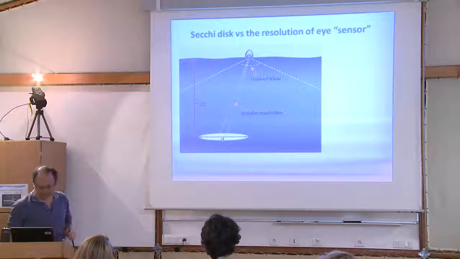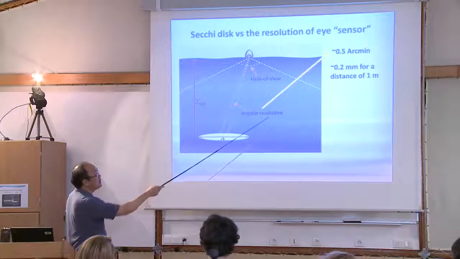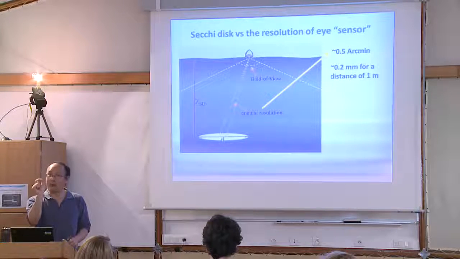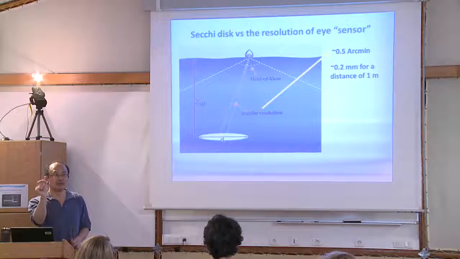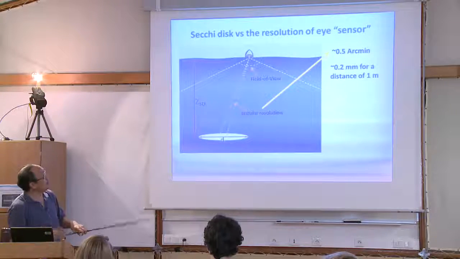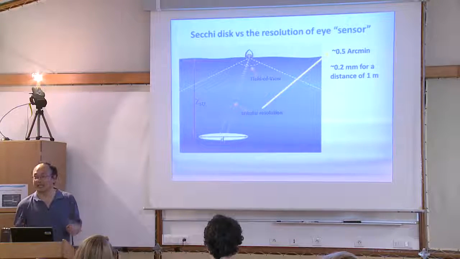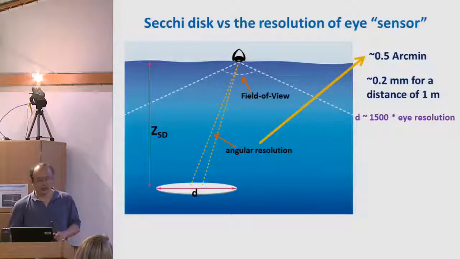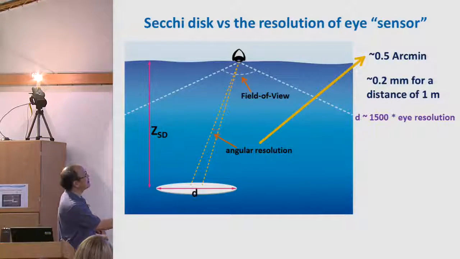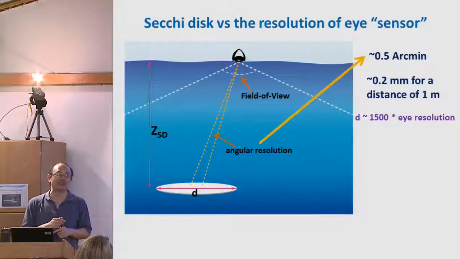How high is that? At 1 meter, we can differentiate a 0.2 millimeter object. That's how high that spatial resolution is. What that means is, this Secchi disk normally is 30 centimeters. Then at 30 centimeters, 1 meter away, it's almost 1,500 times our eye's resolution.